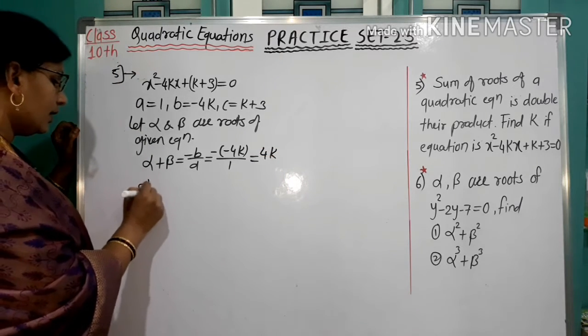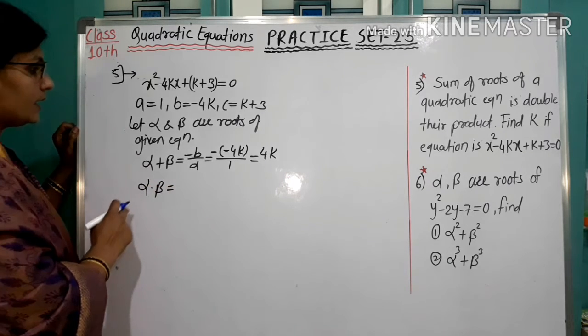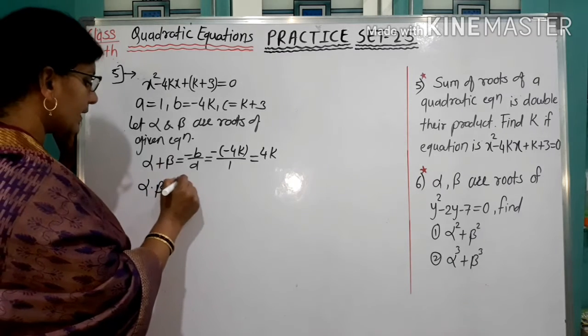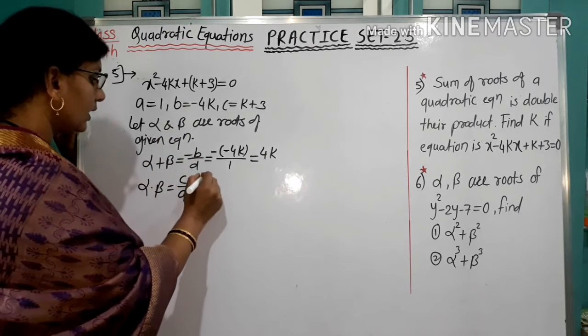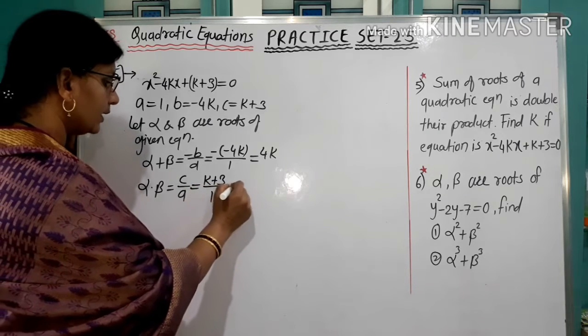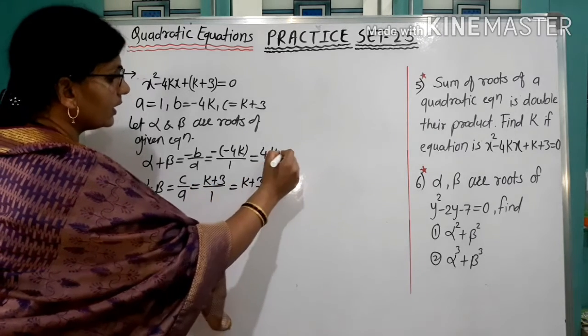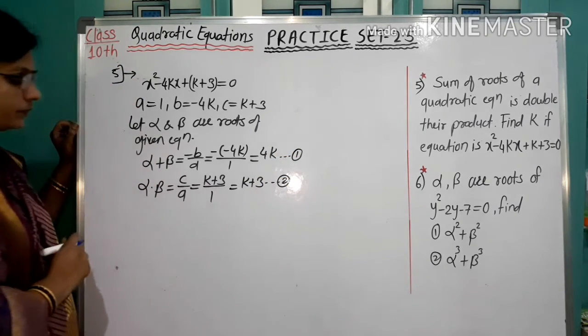Then find alpha into beta, the product of the two roots, which in terms of the coefficients is written as c upon a. The value of c is k plus 3 and a is 1, that is k plus 3. This is number 1 and 2.